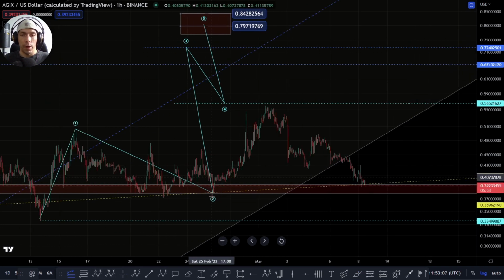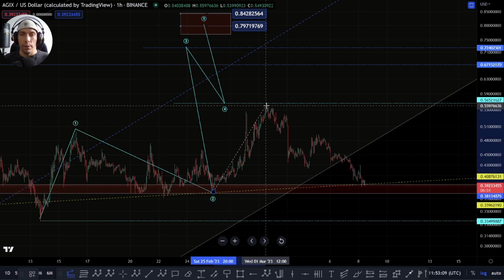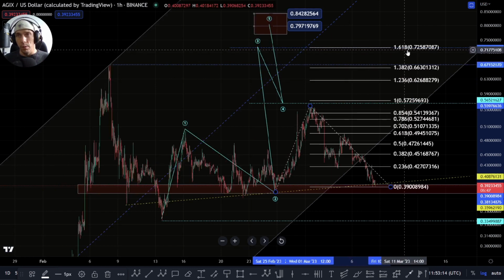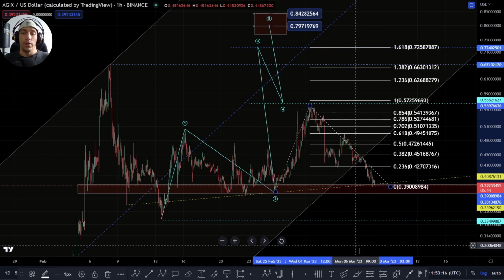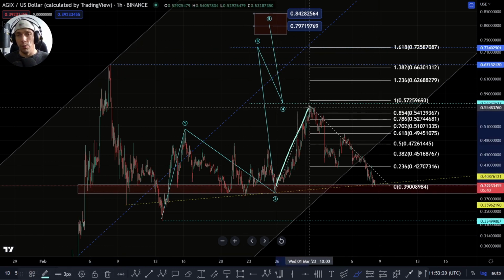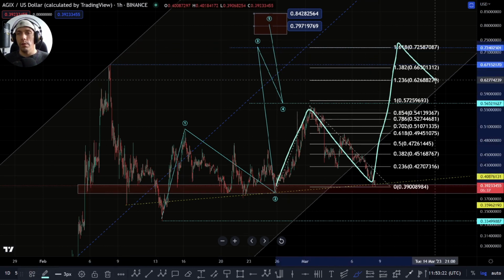So from our current location, we'd be looking for a move up here, which would look to move up past this 72.58. So that's why I say we'd have to take this high, and we'd have to see a good move up here as a 1, 2, 3, 4, 5.